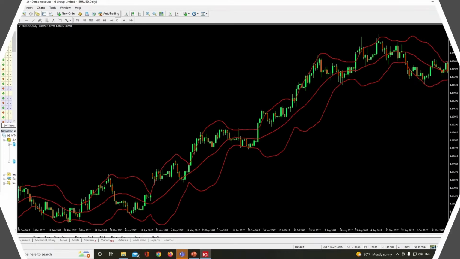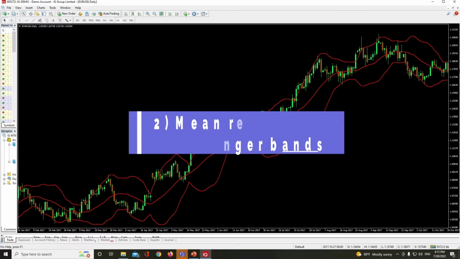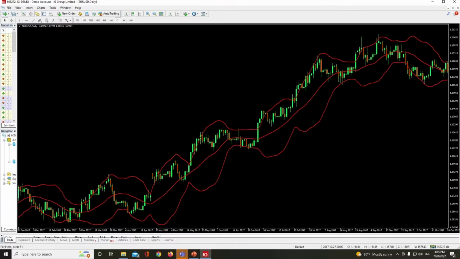The second category is the mean reversion indicator. These are also lagging indicators and I have opened here an example. I will use some Bollinger Bands. However, the idea remains the same as there are several types. This is the type of indicator that creates a channel around the prices. It looks more fancy, however it's still a lagging indicator.